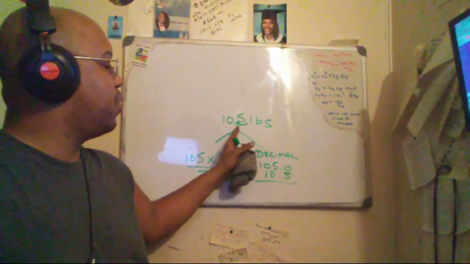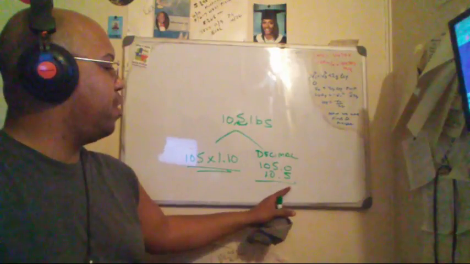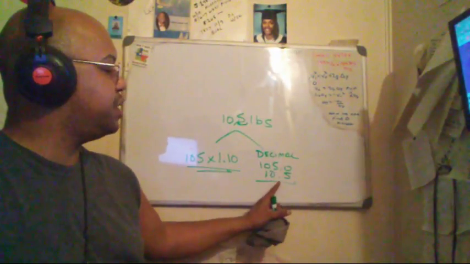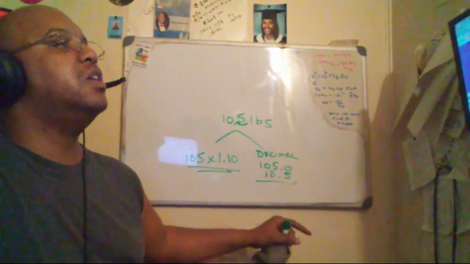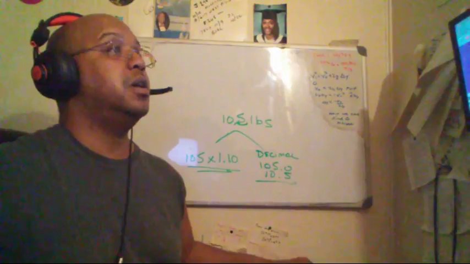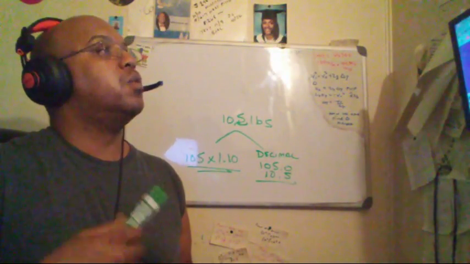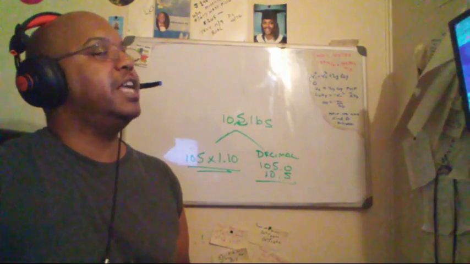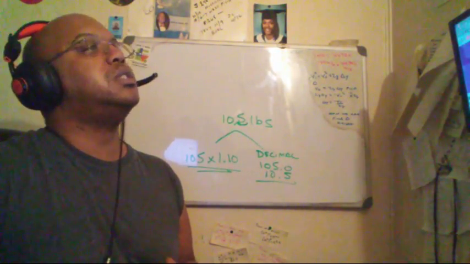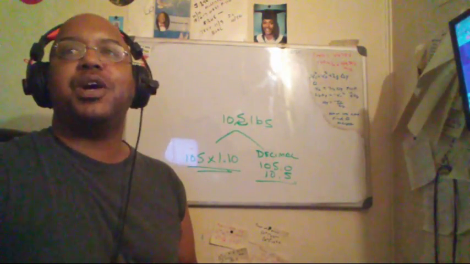Move the decimal over 1, that's 10%, add that to 105, and we're done. And 5.5, 0 plus 5 is 5, and 5 plus 0 is 5. So my last two digits are going to be 5.5. The only answer that had 5.5 was C, so we could stop right there, because the answers were 110, 112.5, 115.5, 118.5, and 126. So Charlie, or C, is the answer to the question.